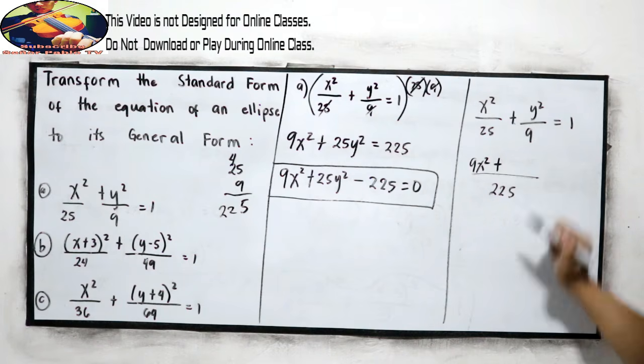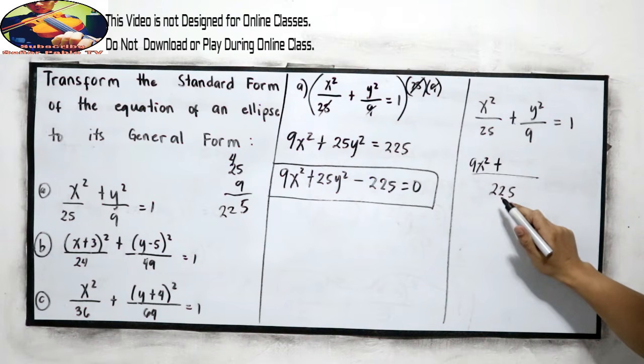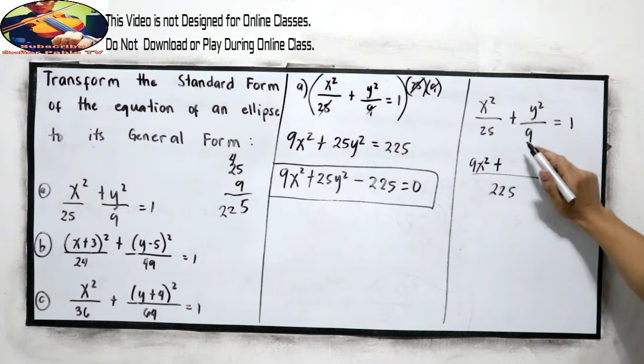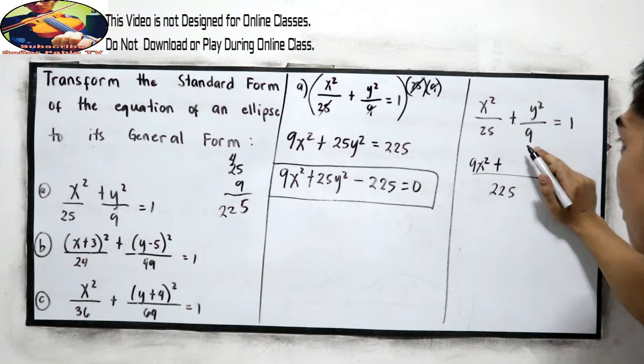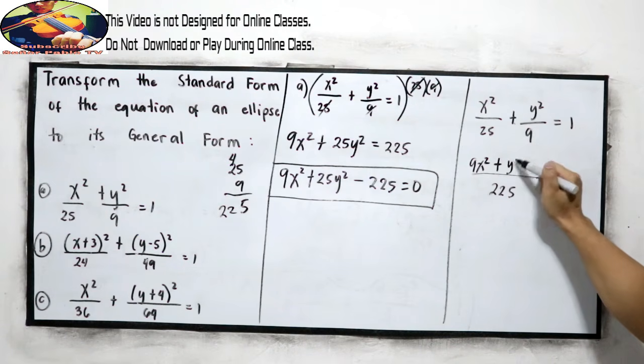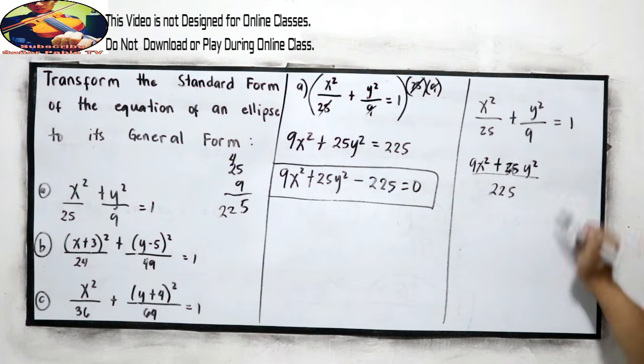Copy the plus sign. Next, 225, the denominator, divided by 9, that is 25, times y squared. So we have 25y squared. And copy equal to 1.